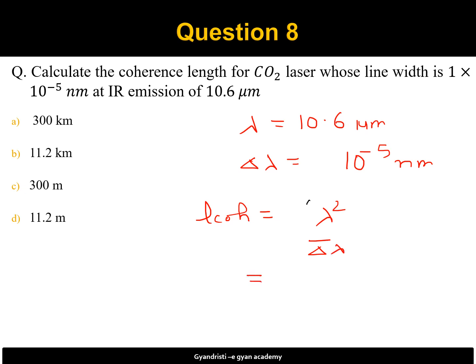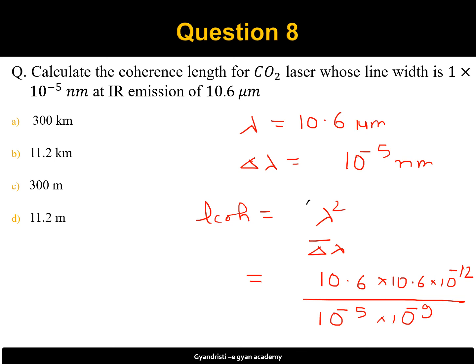Now substitute the value of lambda, 10.6 into 10 to power minus 6 meter squared, in terms of meter, it can be written as 10 to power minus 12 divided by 10 to power minus 5 into 10 to power minus 9 meter. Once you solve it, you will get 11.2 into 10 to power 3 meter. So the correct option is 11.2 kilometer.